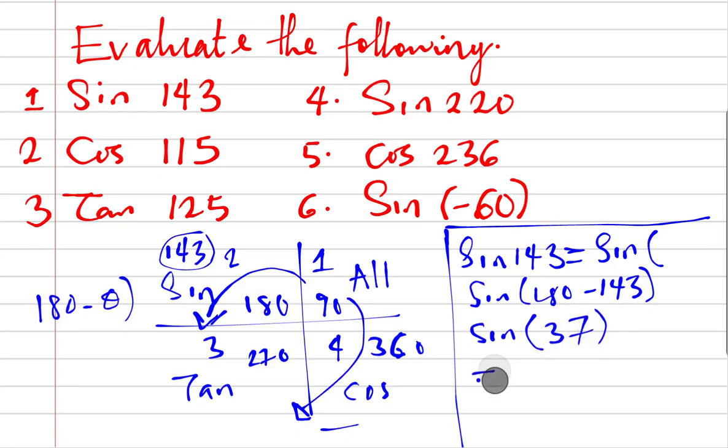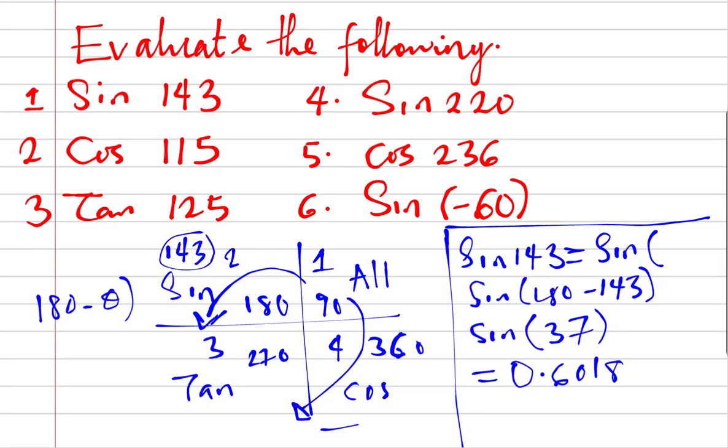And if you do sine 37 on your calculator or on your table, sine 37 will give us 0.6018. Do you understand that now?